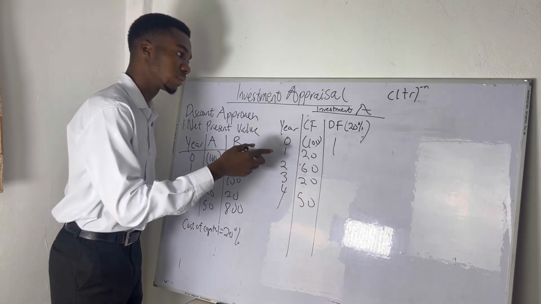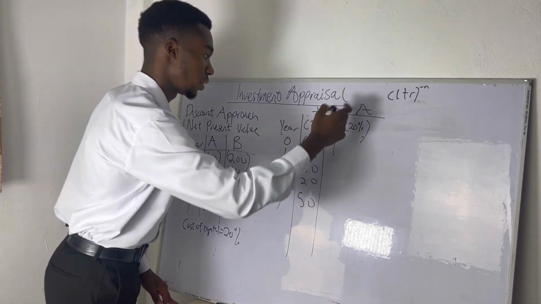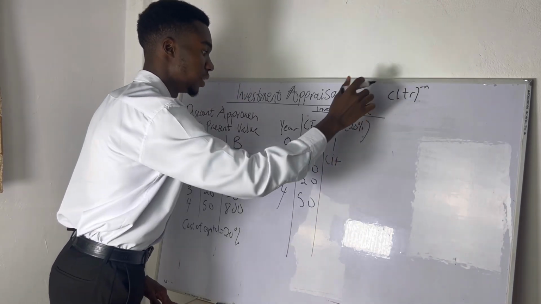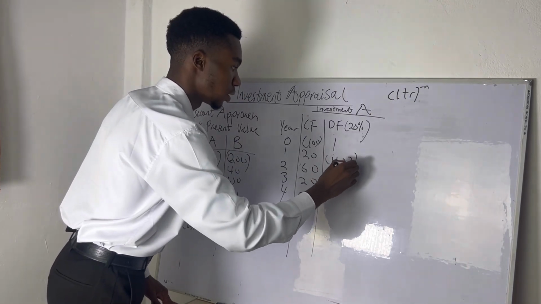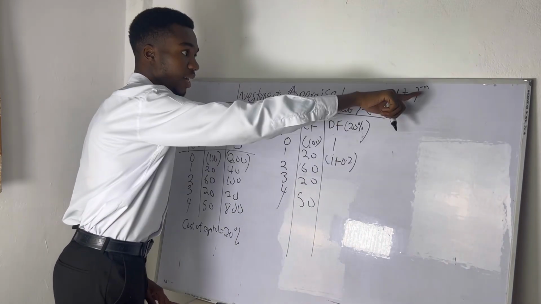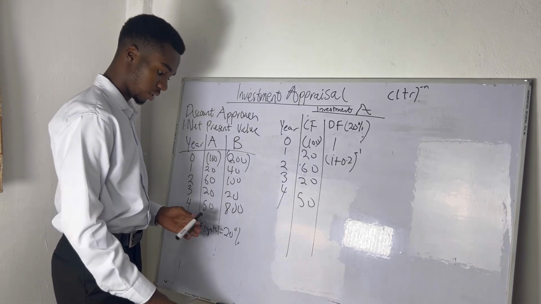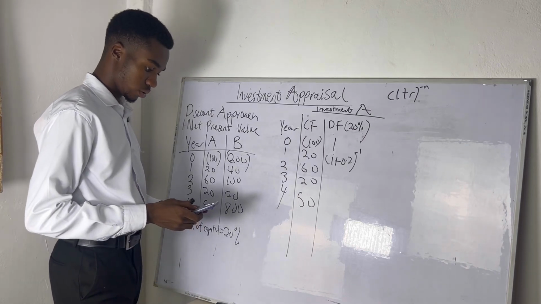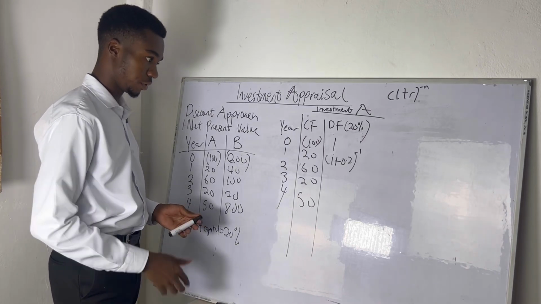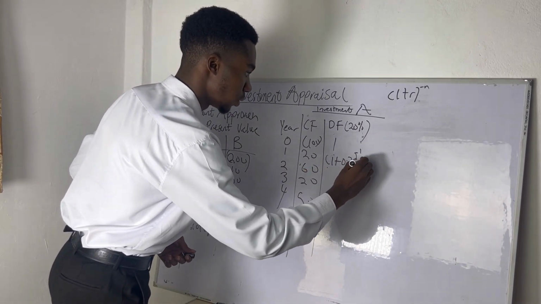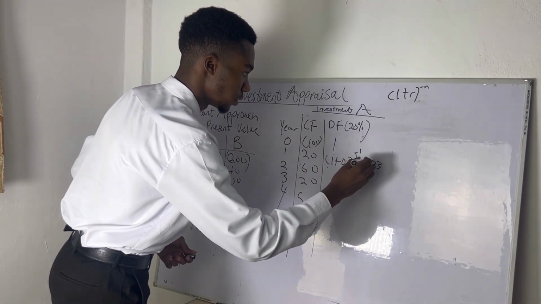So for year 1, the discount factor is going to be 1 plus the rate, the rate is 0.2, exponent negative 1, the year, negative n, so negative 1. And when you put it on the calculator, what do we get? We have 0.833.